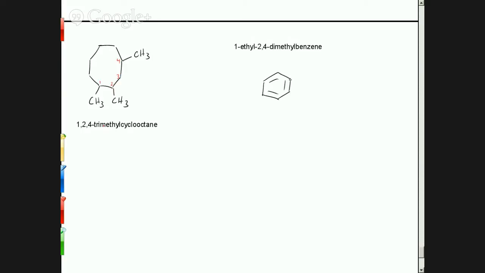Okay, I put the 2 here, the 1 there. I skipped the middle. That's good. So there's the ethyl, and then methyl, and methyl. Doesn't matter how you draw the lines. What do you mean? The bond. No, as long as they're alternating. Yeah.